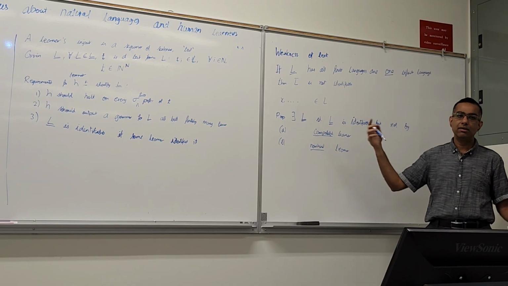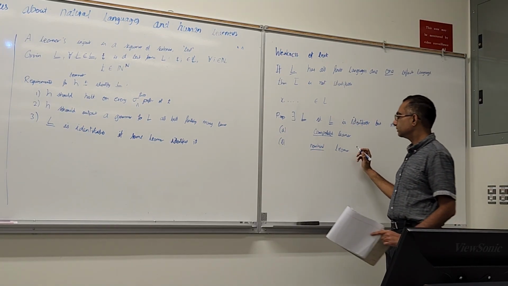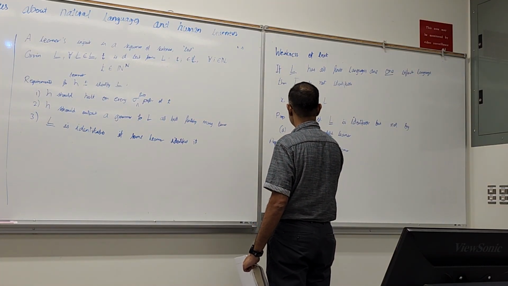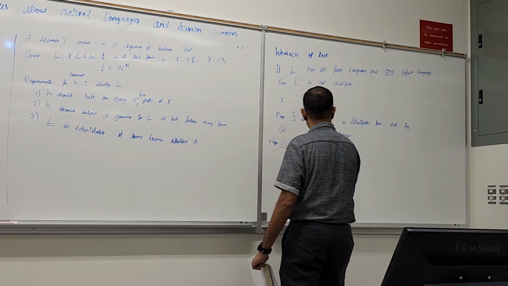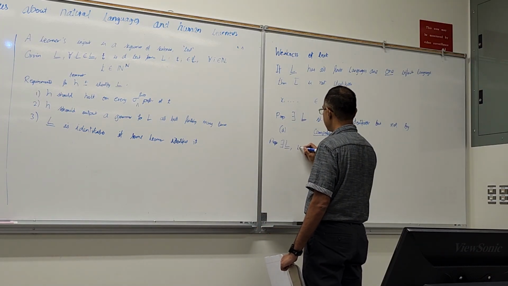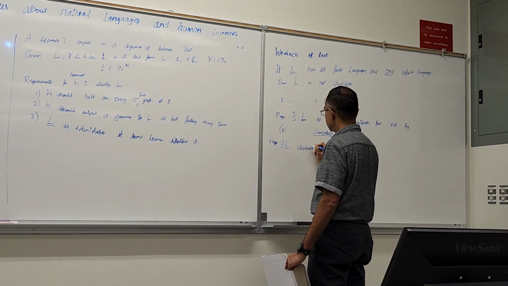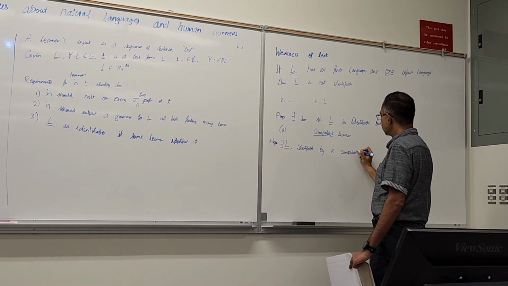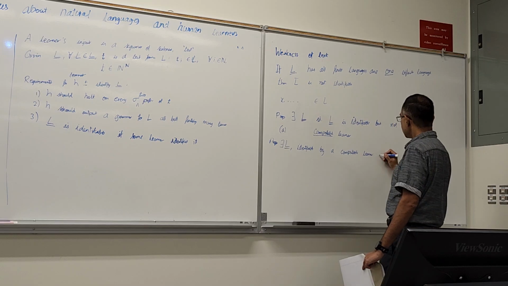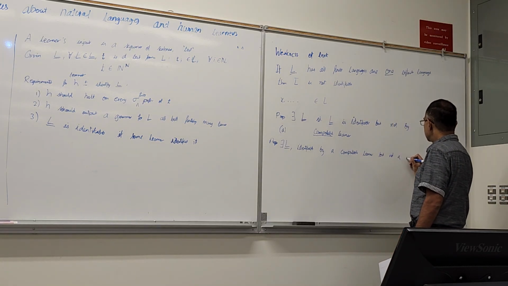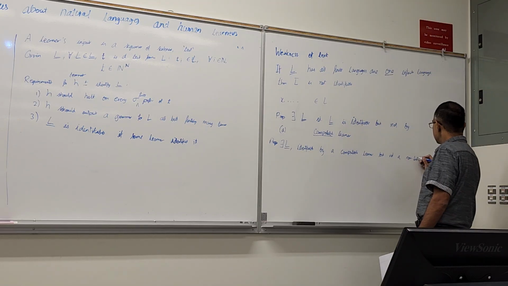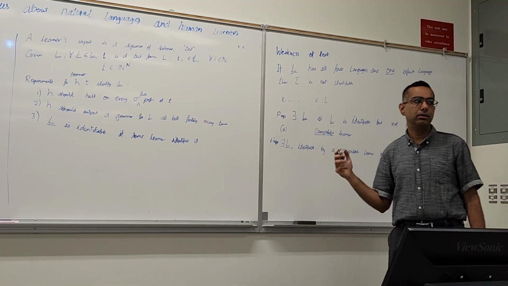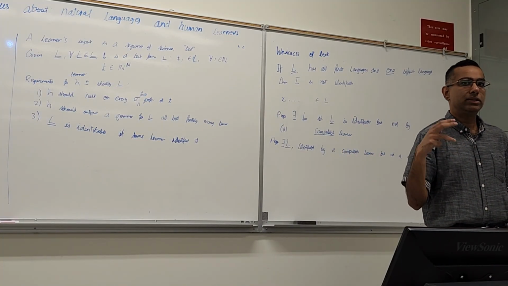I can construct a family of languages that is identifiable by a computable learner but not by a non-trivial learner. Does that make sense?